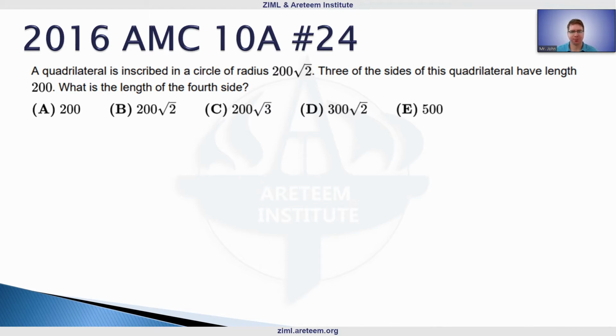So we have a circle with a set radius and three sides of that quadrilateral all being the same length as well. And we're looking for the length of the final side in this scenario.